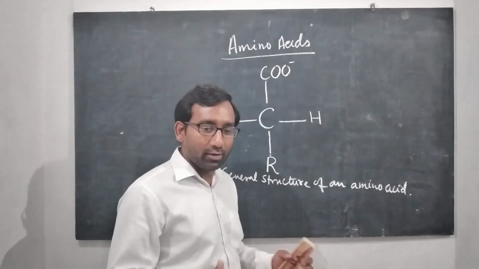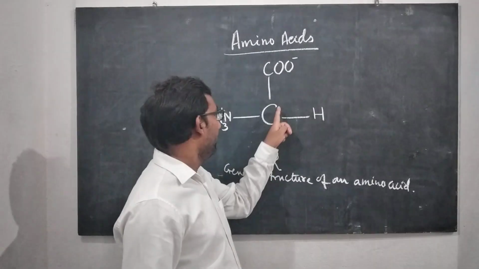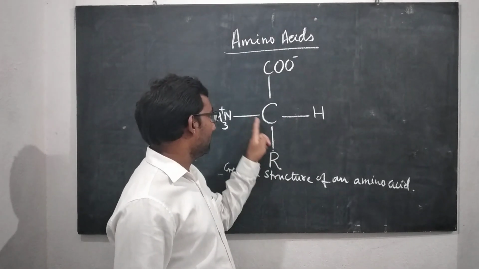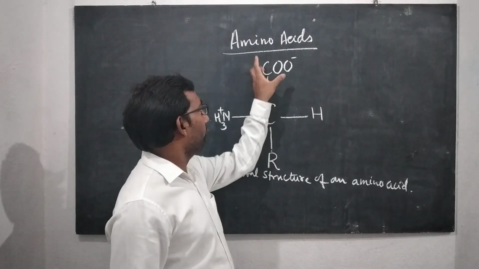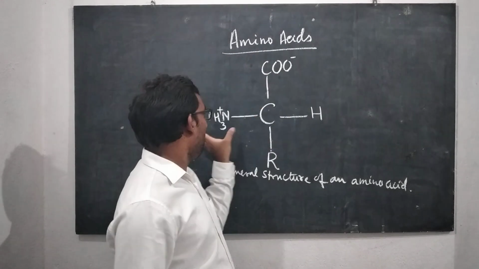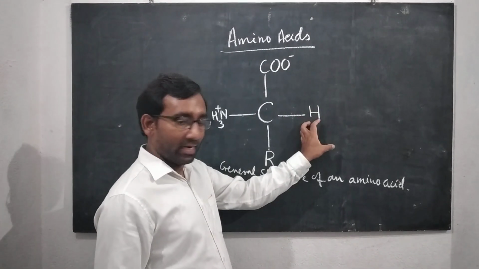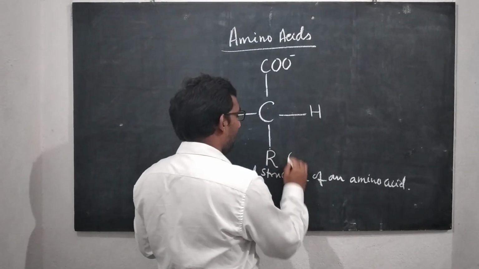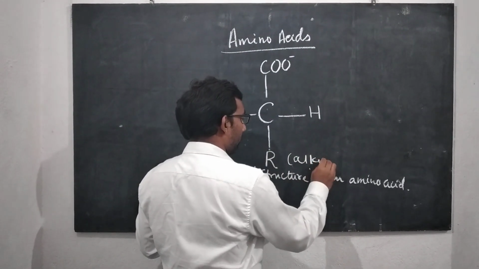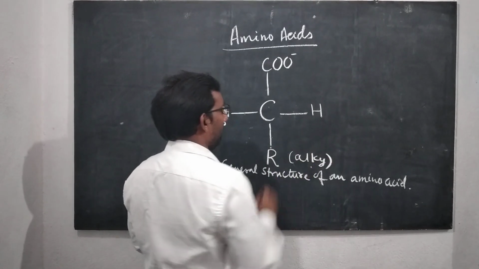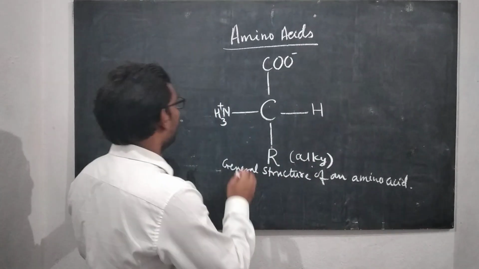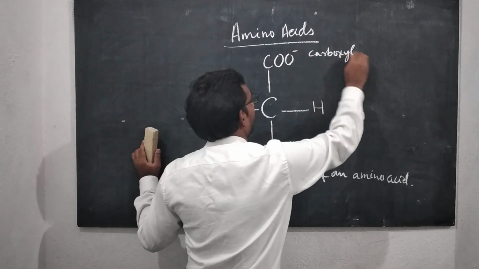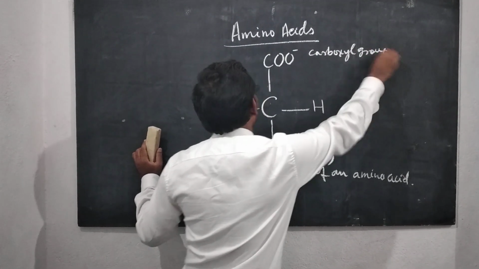It consists of this C, and to this C 4 bonds are attached: on one side the carboxyl group, on the other side the amino group, on one side a hydrogen atom, and on the other side an alkyl group. R stands for alkyl group. This is the carboxyl group, you already know. This is the amino group.